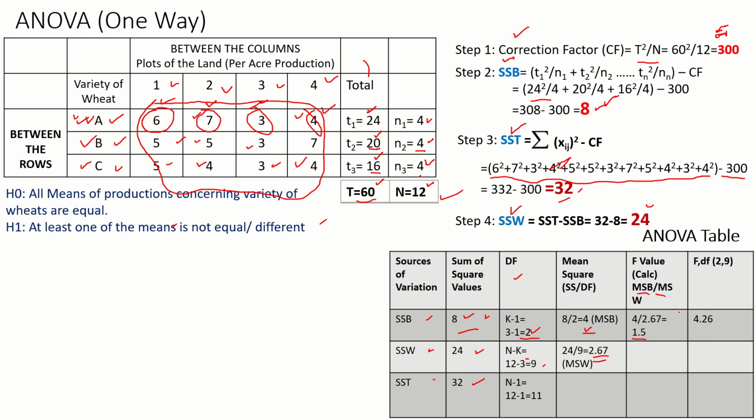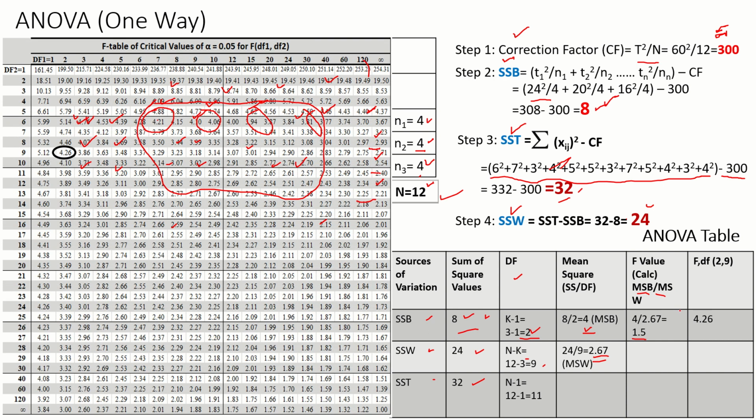Then we have to find out the table value. The table value is F with degrees of freedom 2 and 9. We can see this is degree of freedom 1, which is 2. Where does this 2 come from?